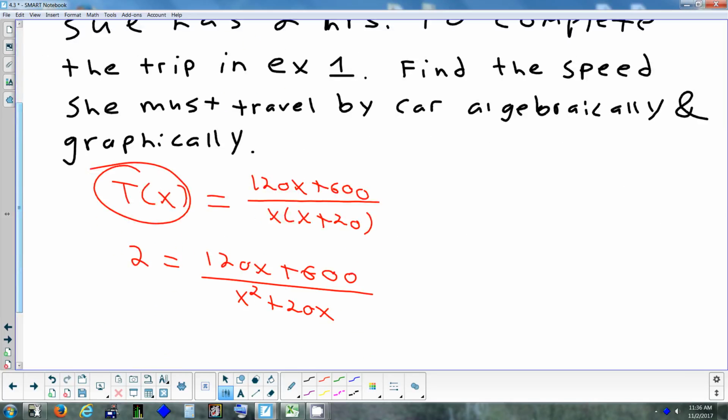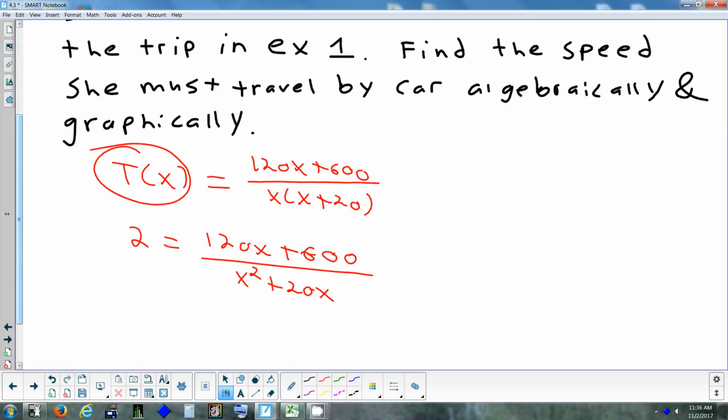Okay, first thing I'd want to do is get rid of the fraction. So what can you multiply both sides by so you don't have a fraction anymore? Yeah, the denominator. Whatever's in the denominator, just multiply both sides by that. So you'd have x squared plus 20x. And if you do it on the right, you got to do it on the left.